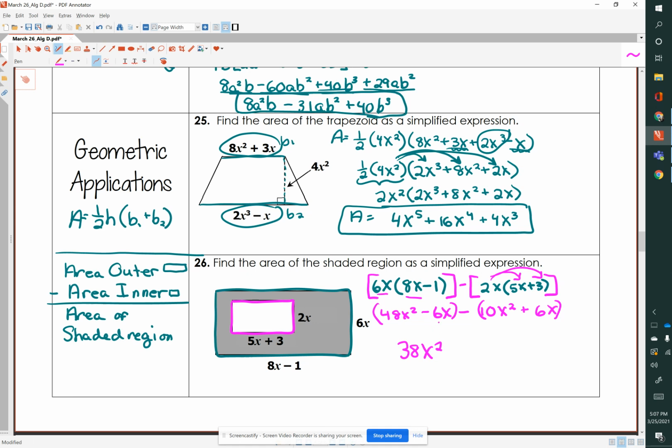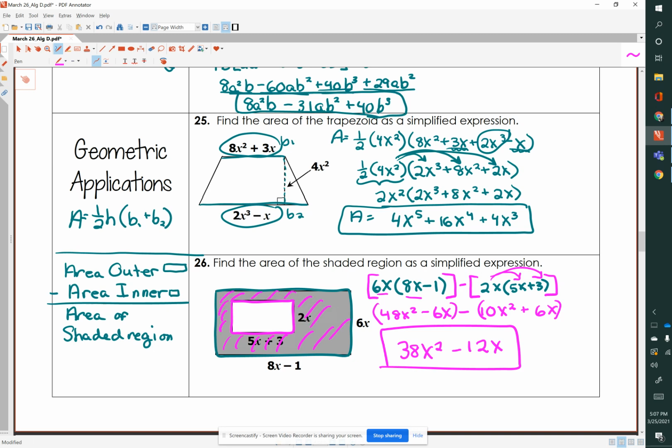Okay, negative 6x minus 6x. So it's negative 6 minus 6 is negative 12x. And that's our final answer. We can't combine those terms. They're not like terms. And that is the area of the shaded region of this rectangle.